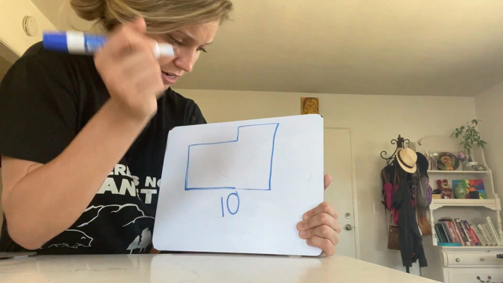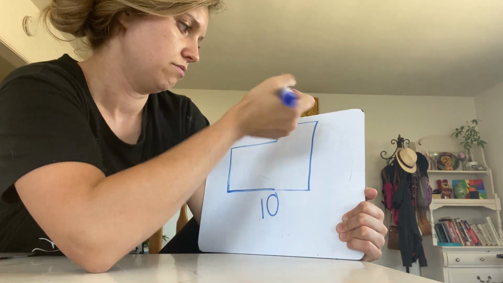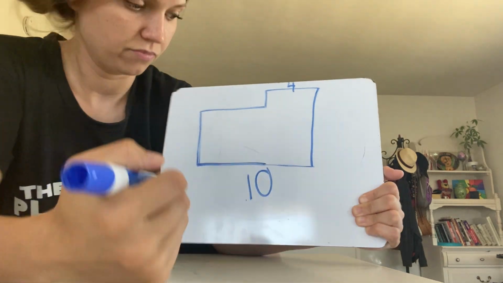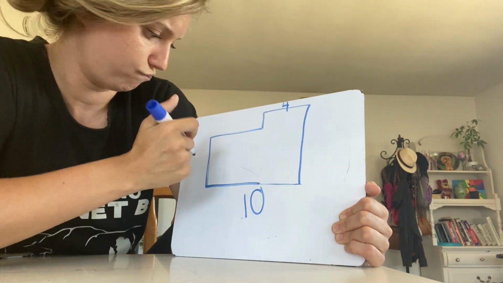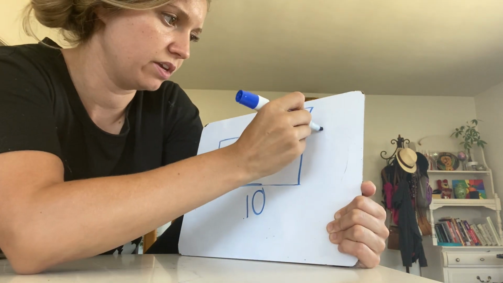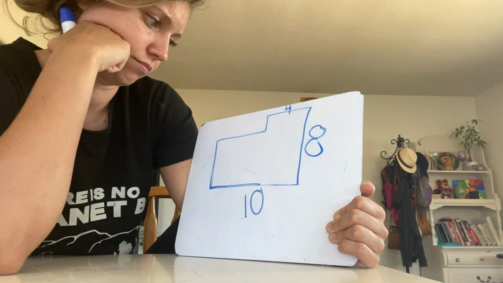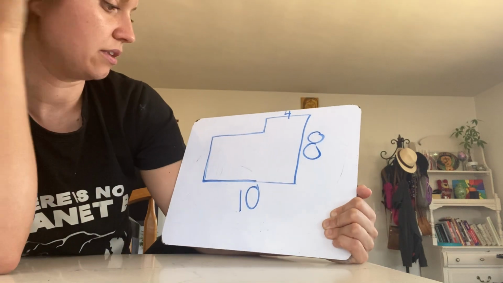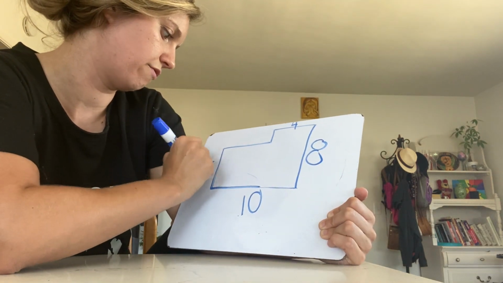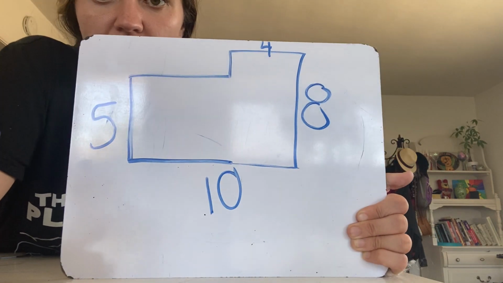Let's say this is 10. And this is 4, okay? And this is, I don't know, let's see, this is going to be 8, okay? And this is 5. Okay, so let's say we have this shape, okay?